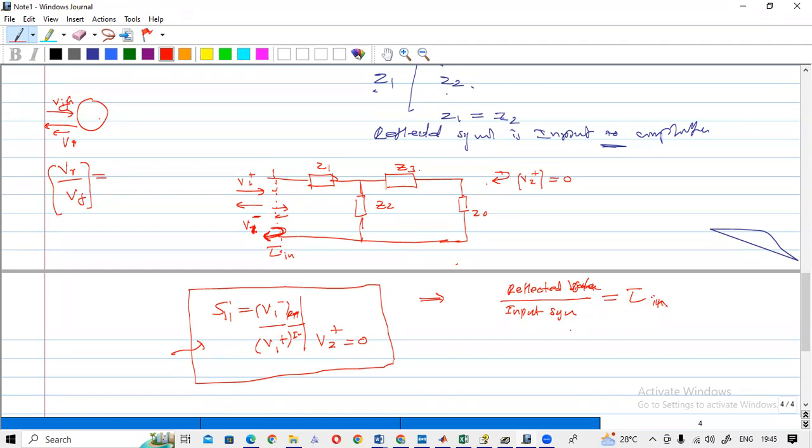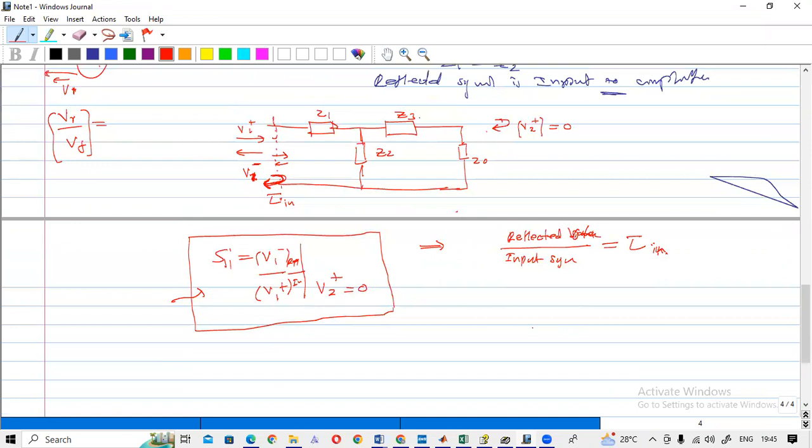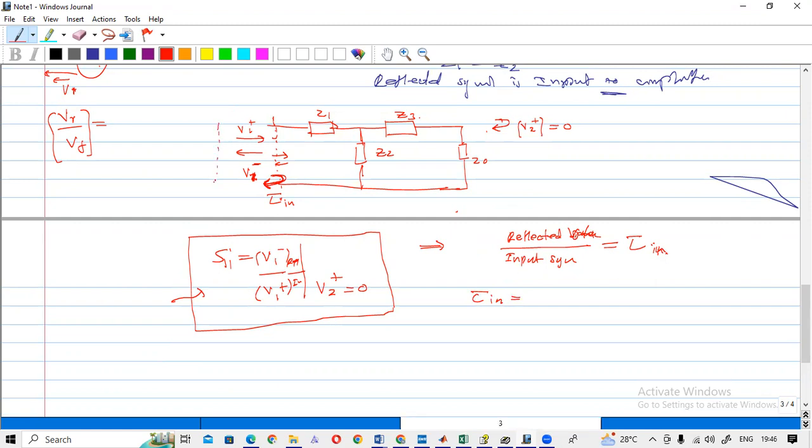So using the impedance also, you can write an equation for this tau in. The terminal impedance is Z0.